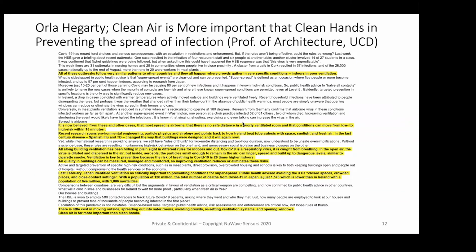So this awareness of air hygiene and air health is more prevalent than it has ever been.